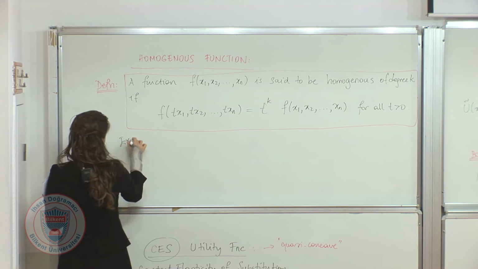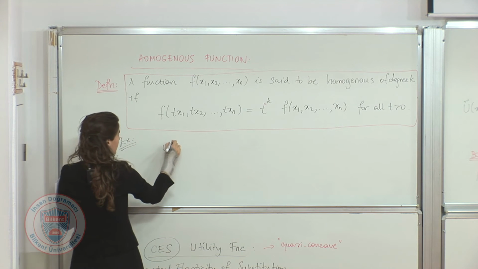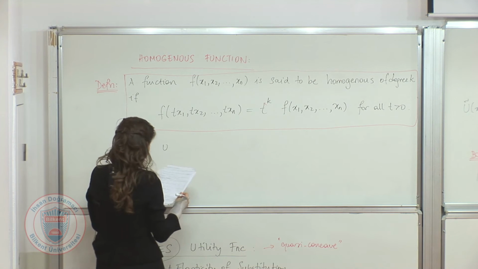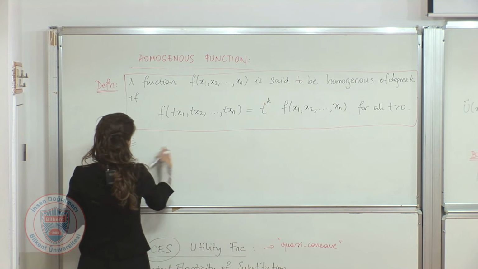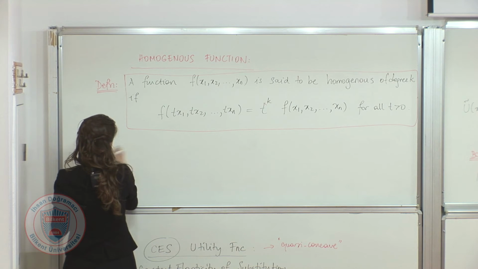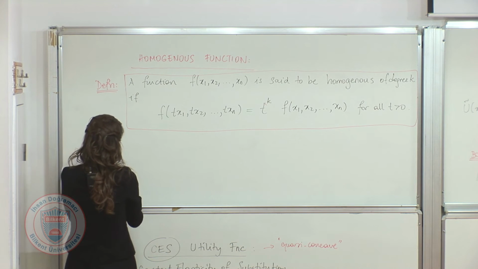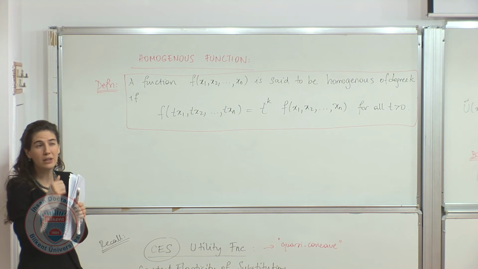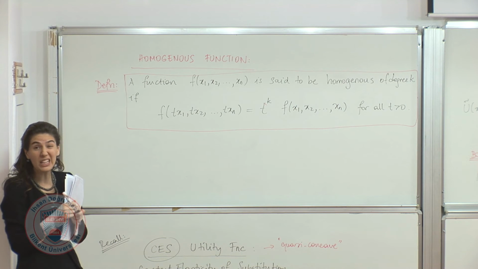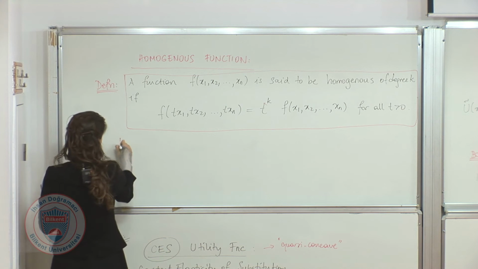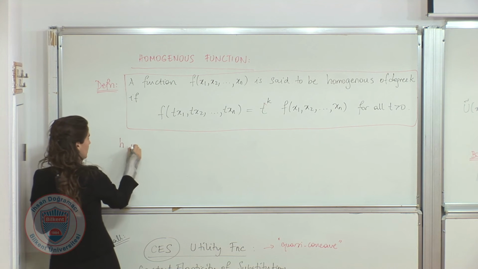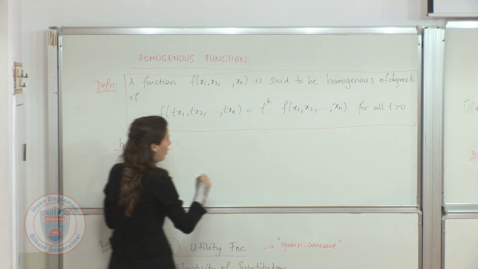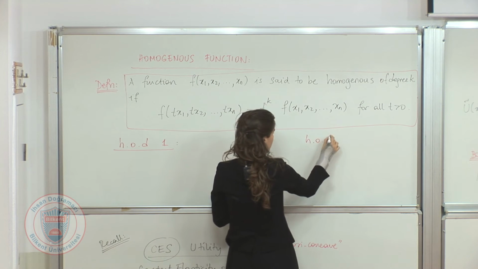Suppose the utility function is homogeneous of degree, let's say, 1. Let's consider the special cases. Most of the time you're going to hear homogeneous of degree 1 and homogeneous of degree 0.